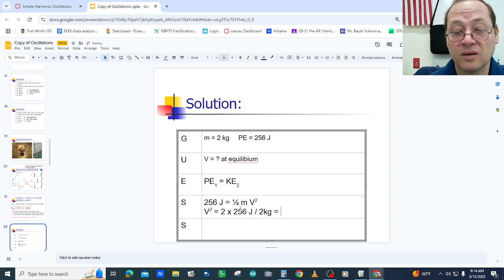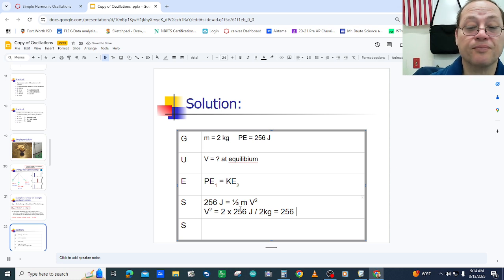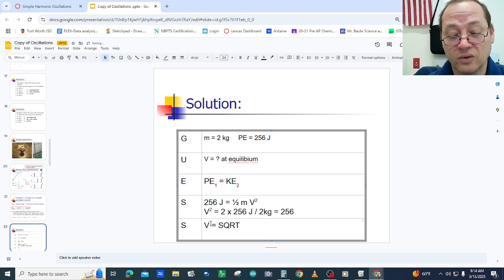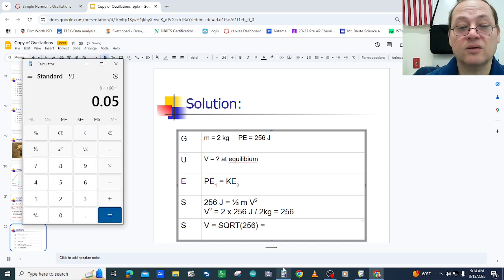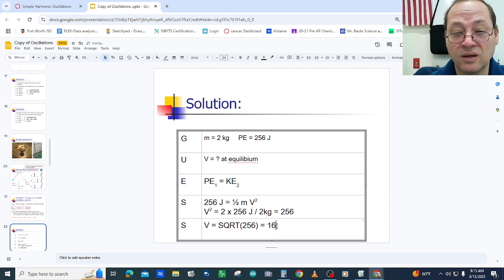All right, and that will give you 256, in meters squared per second squared. So if you have the velocity squared, the square root of the 256 will be equal to the velocity. So we can pull out the calculator. The square root of 256 is 16, and that will be meters per second. That's how you do it.